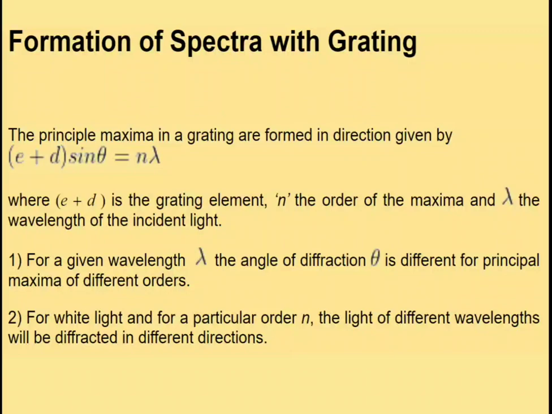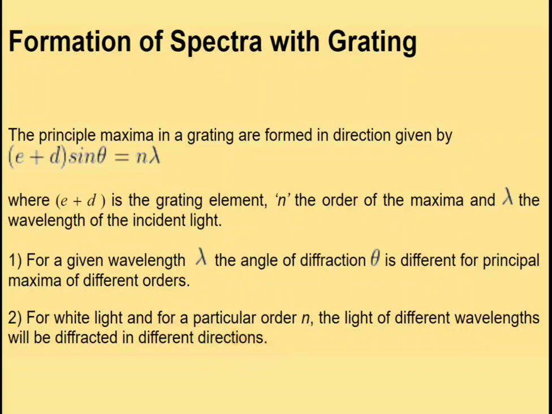For a given wavelength lambda, the angle of diffraction theta is different for the principal maxima in different orders. For white light and for a particular order n, the light of different wavelengths will be diffracted in different directions.